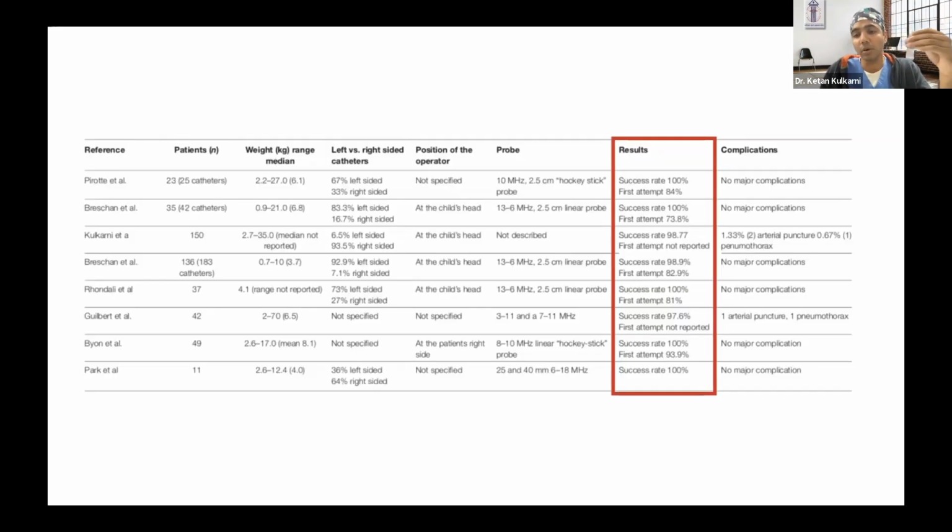So now we have finished how to put it, and now we are coming to how to confirm the position. For that, I will just say a few basic things about echocardiography. Most of the institutes have an echo probe along with the linear probe. The linear probe is what we use for putting the lines in, and the phased array probe is for doing echo.